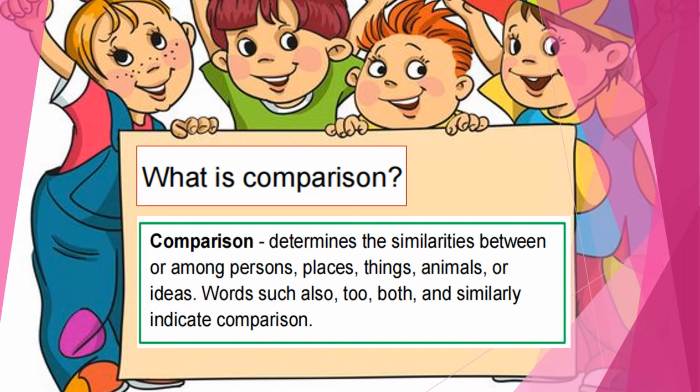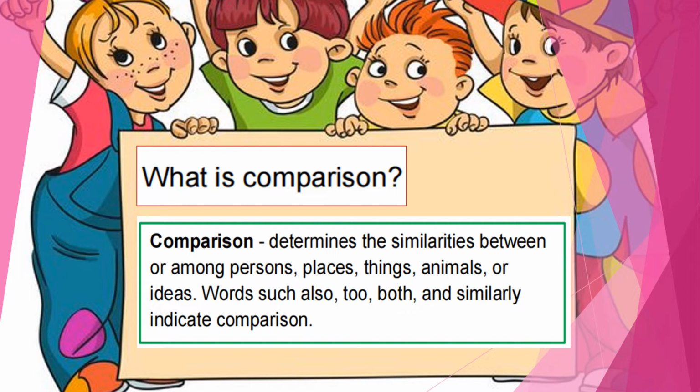Okay, everybody, read this. Comparison, everybody, say it again. Comparison determines the similarities between or among persons, places, things, animals, or ideas. Words such as also, too, both, and similarly indicate comparison. Again, we'll read it again.